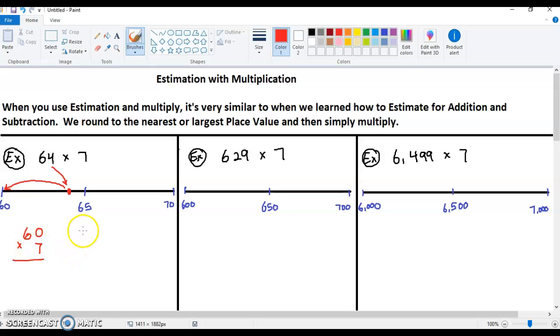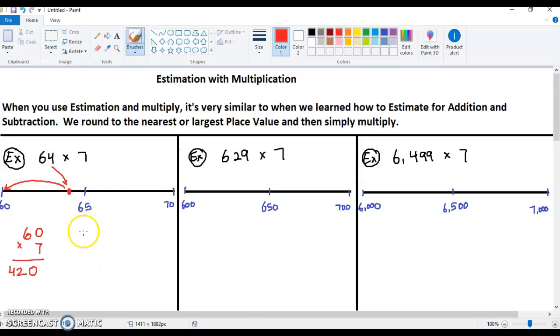You can add the number 60 7 times, or you can skip count by 6s or skip count by 60 to get where you want to go. But we know that 6 times 7 is 42, and we know that 60 has a 0 because it's in the tens place value. So even though 6 times 7 is 42, for 60 times 7 we just have to put that 0. And that's 420.